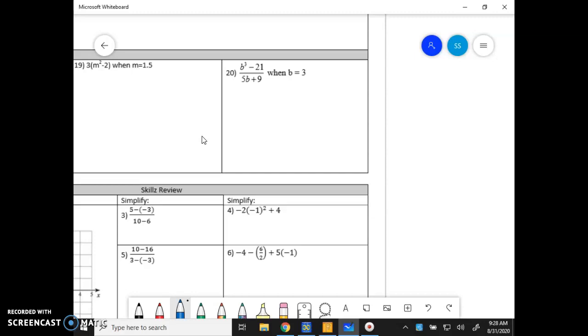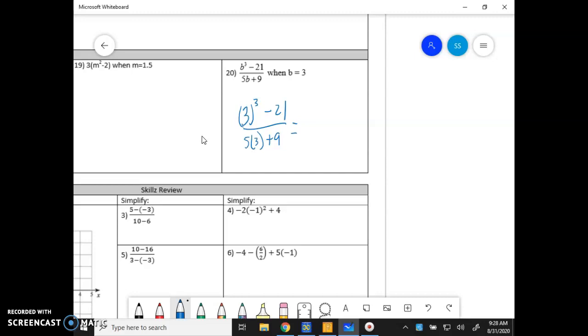All right, so the first thing I need to do for this is plug in 3 anytime I see b. So I've got b cubed minus 21 over 5 times 3 plus 9. Okay, so again, remember we need to solve on the top and the bottom first before we do our dividing.